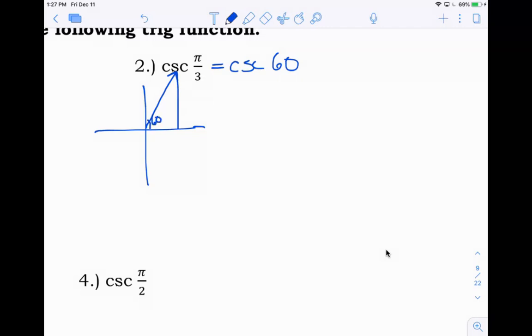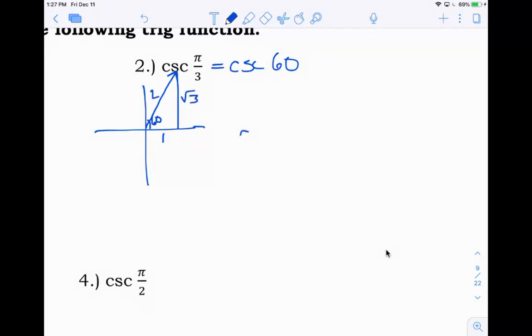Now remember, just because we know 30 degrees is in this triangle doesn't mean we're looking from 30. We're always looking from the angle that's in the circle, right next to the origin of this quadrant system. And so we've got root 3 over here, 1 there, and 2 over there.